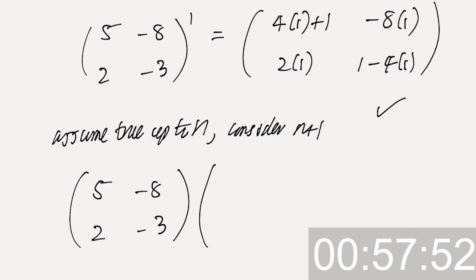So we can do it as that multiplied by the inductive hypothesis: 4n plus 1, minus 8n, 2n, and 1 minus 4n. Okay, so I need to expand this out and check I get the same formula with n plus 1s in.